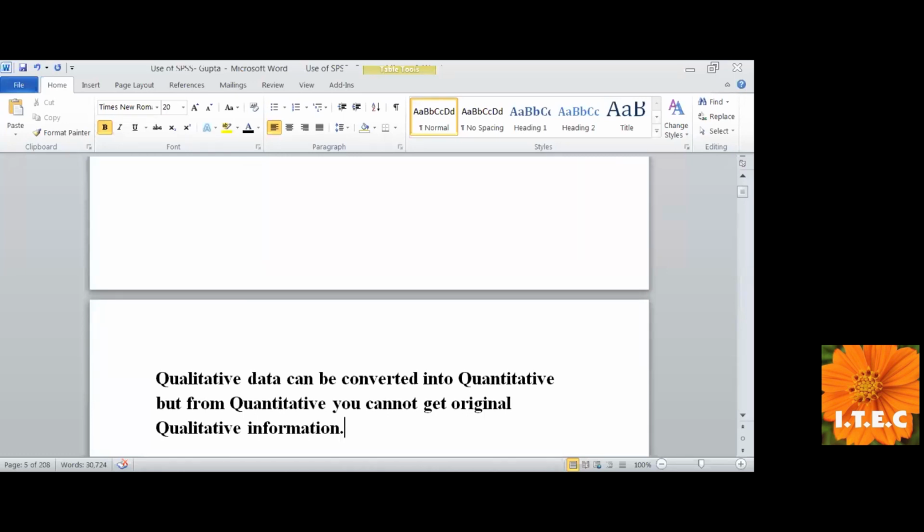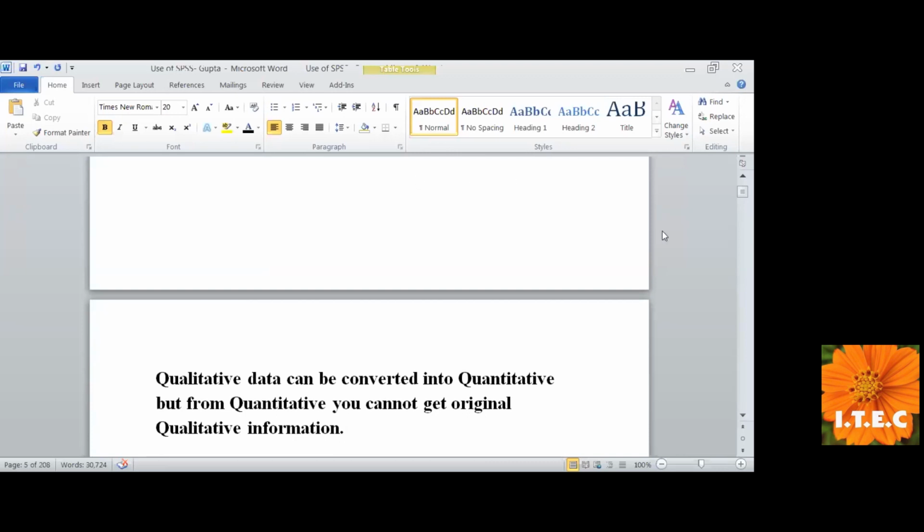There might be some commonness between the earlier answer and the other answer, but the second answer will not be identical to the first. So when you convert qualitative information into quantitative, there is a loss of information.